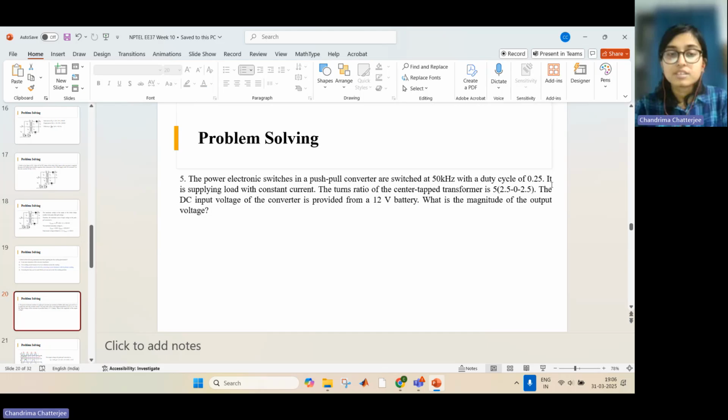The DC input voltage of the converter is provided from a 12-volt battery. What is the magnitude of the output voltage? So here the turns ratio is given, the duty cycle is given, and the input voltage is also given. What is the magnitude of the output voltage?